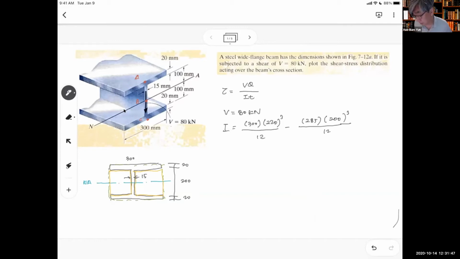So everyone follows what I'm doing, right? Nicholas asked that h is 240 for the big one, which is correct. Very good. It should be 240 because we have a 20 up here and 20 down here, right? Thank you, Nicholas.